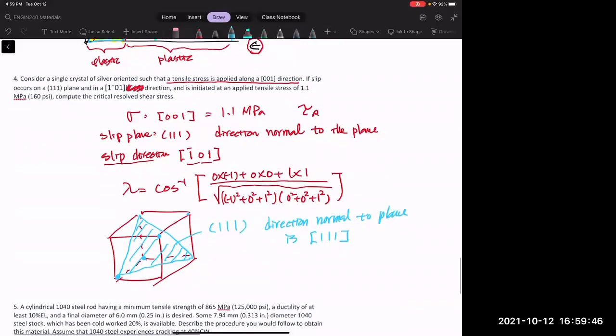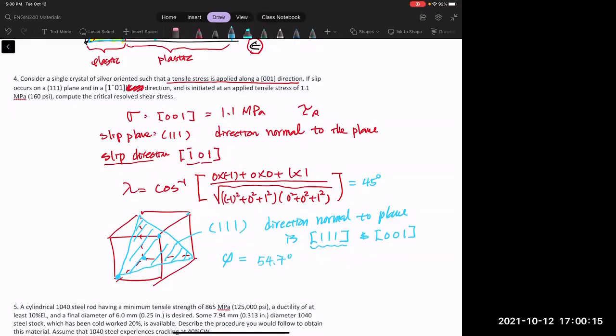Once you have this, you can also find this angle. This angle is going to be similar to that. I'm not going to write this, but if you do the calculation, you're going to find that lambda is going to be 45 degrees. For the phi over here, use the other direction, which will be 0, 0, 1. Then you will find this angle is going to be 54.7 degrees.